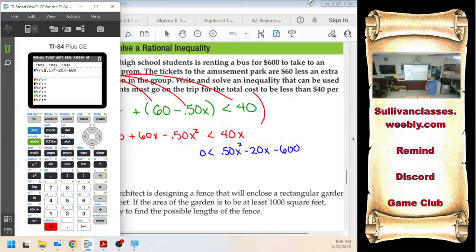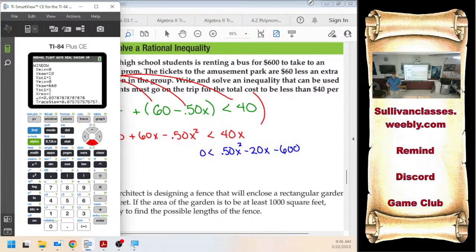So I'm going to make my window go from, my y's are going to go from the lowest cost we could have, 0, to the highest cost I could have, 660. I'm betting I'm not going to go that high. What about the x's? What's the least number of people that could go? No one goes. What is the most people that could go? It's whatever the capacity of this bus is.